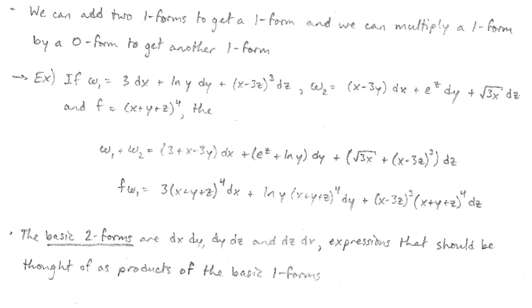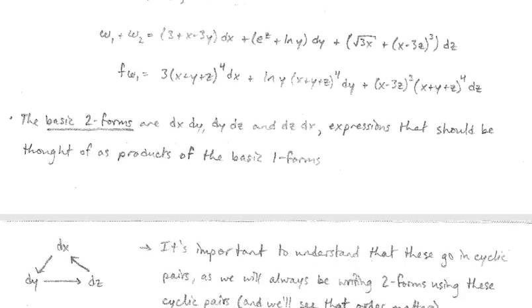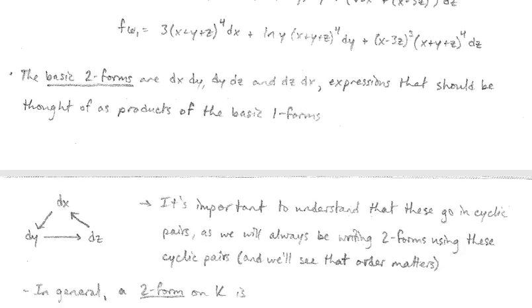The basic two forms are those dx, dy, and dz, but they're showing up in particularly ordered pairs. The basic two forms are dx dy, dy dz, and dz dx. And these are expressions that should be thought of as products of our basic one forms. Be very, very careful and note the cyclic order that these things go in.